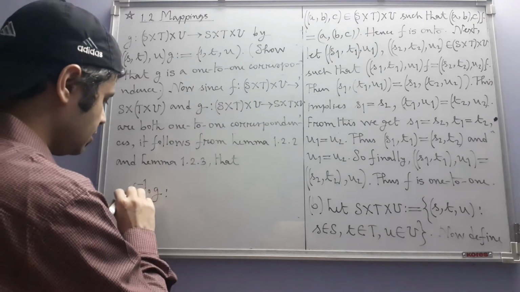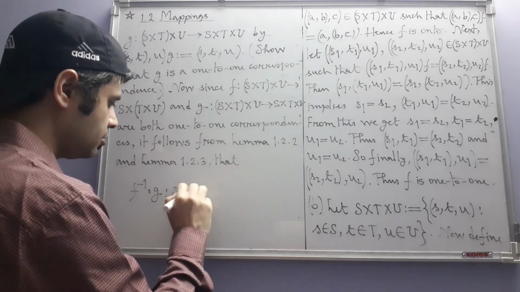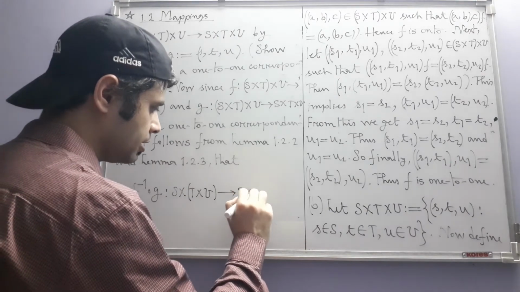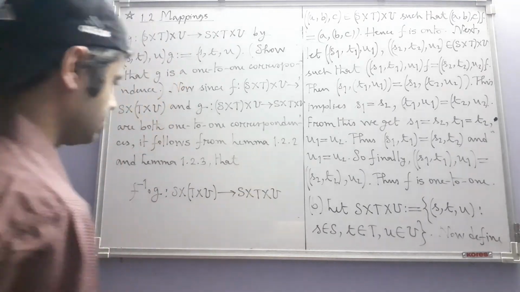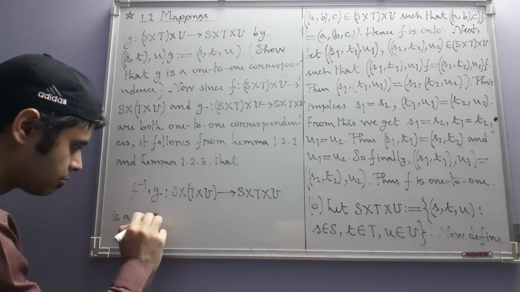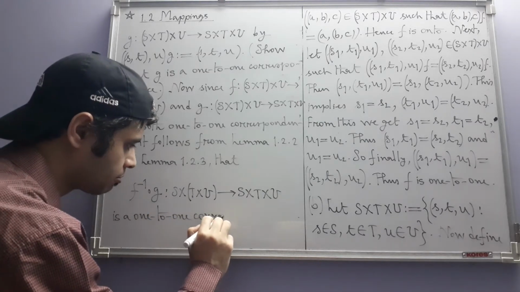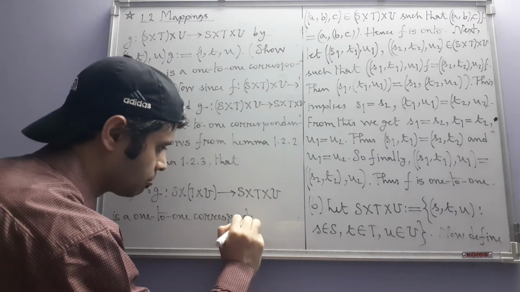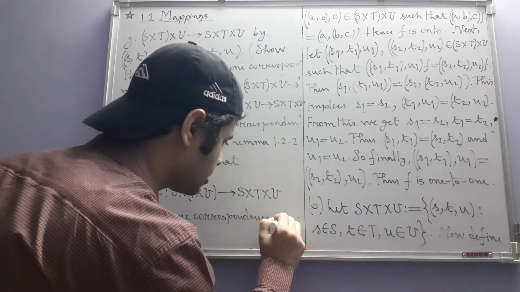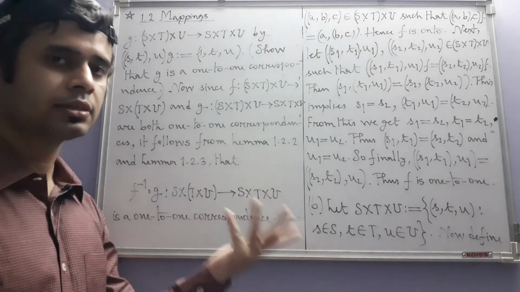So that means F inverse composition G takes me from S cross T cross U to this set, that this is a one-to-one correspondence, and this completes the solution, because that's what we wanted. We also wanted to show that between this set and this set there is a one-to-one correspondence.